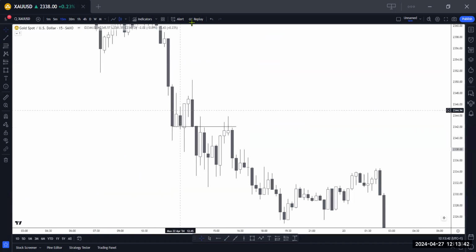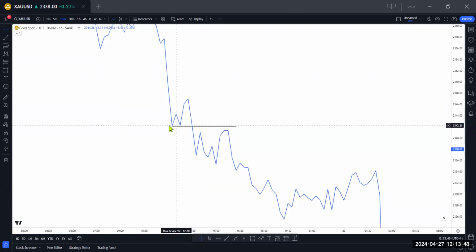That's your V. That's your support. And on the support, you're expecting price to come right here and then buy. But no, that did not happen. Price broke your support. So the next thing to do is to sell that support as resistance, right? So you have your V here become N.